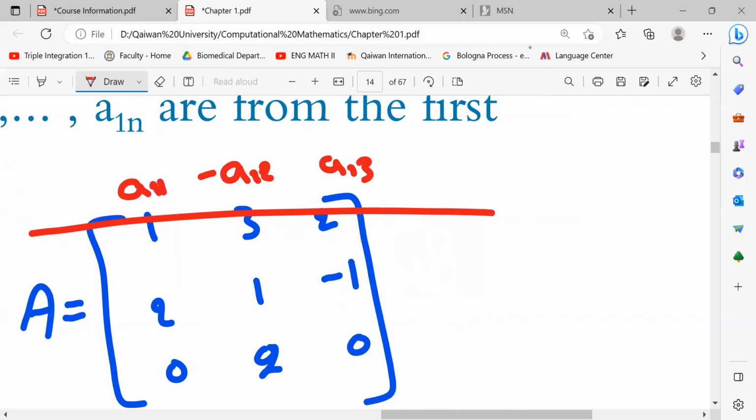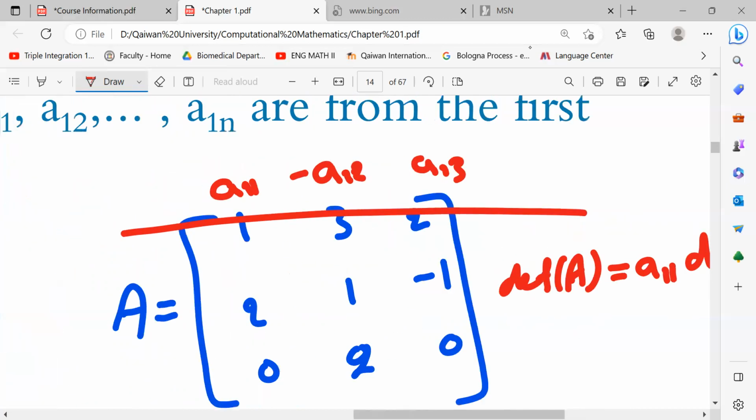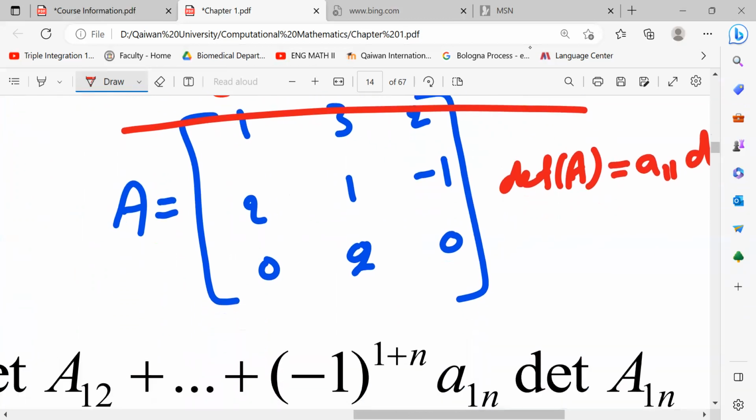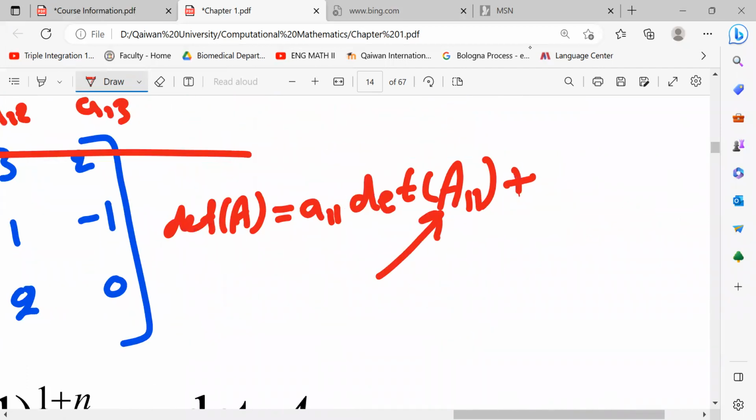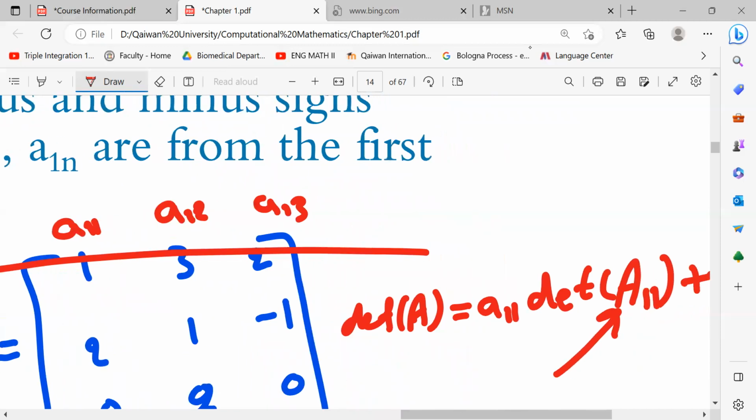Here, for finding the determinant of matrix A, what do we do? We say determinant A is A11 times determinant of capital A11. What's capital A11? It's the submatrix of matrix A obtained by removing the first row and the first column. Then, look, the second is negative, so we must give a negative sign to it, not plus.